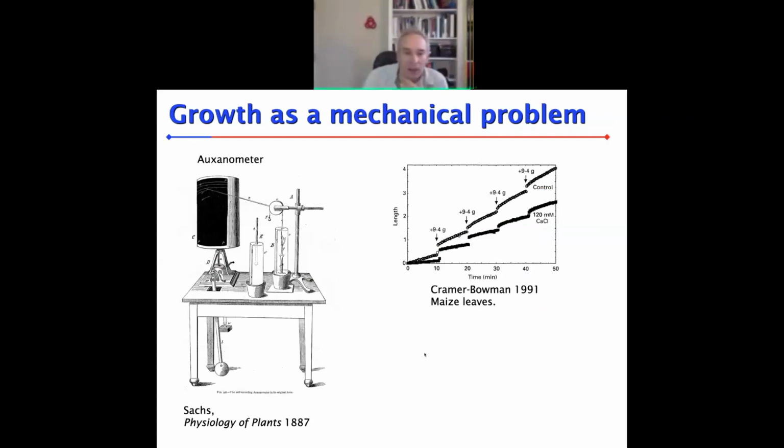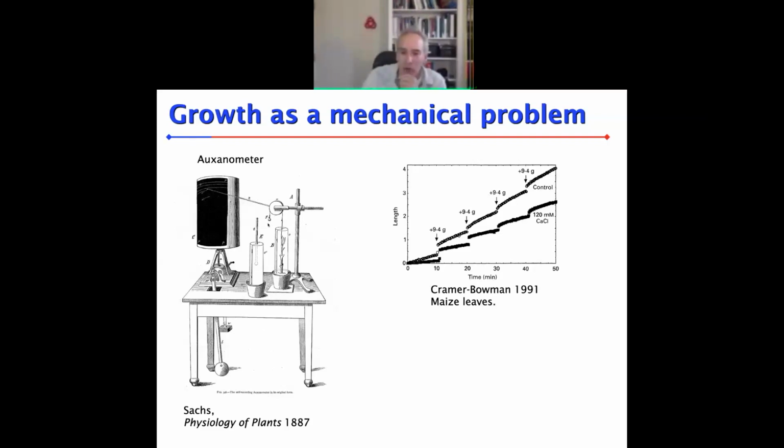And here is a beautiful experiment that people used to do in the 19th century, where you take a plant, you take a stem, and add a little string with a weight, and you make it so that you can mark the height of the stem as a function of the weight g. So in a sense, what you're doing is pulling on the stem and seeing how fast the stem grows as you pull. And you do that for different weights.